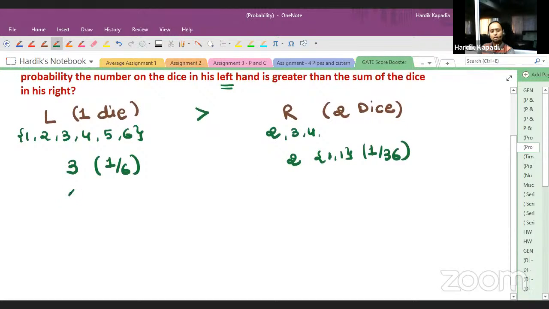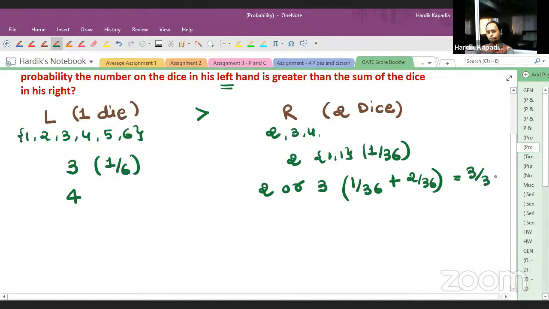Again, if we'll get 4 over here, then over here it may be 2 or it may be 3. So 1 by 36 or 2 by 36. So it is 3 by 36 over here.